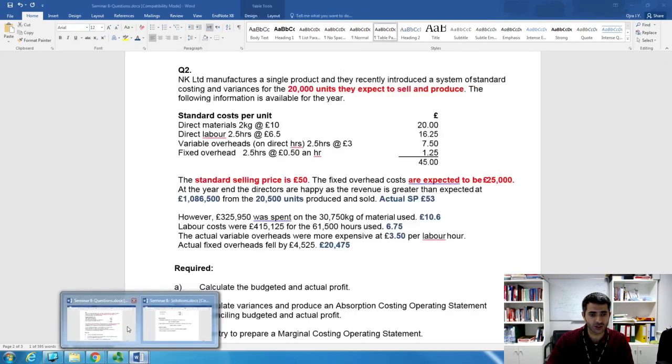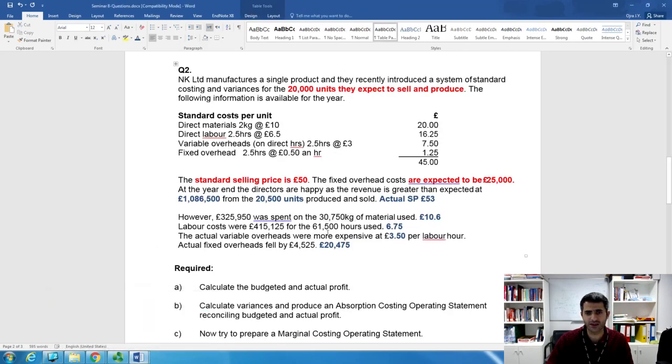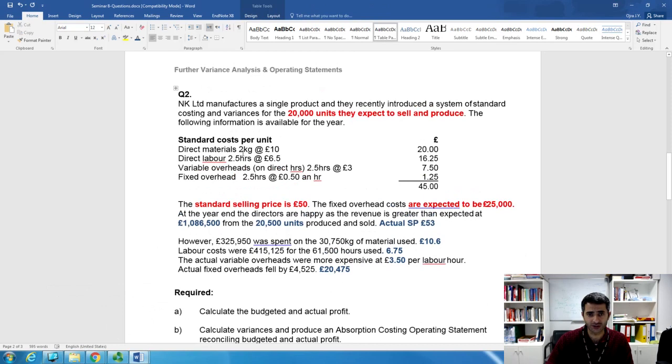So if you look at the question, you will see that the required material per unit is 2 kilogram, isn't it? And in order to calculate the standard quantity, you need to multiply this required 2 kilogram by the actual output, which is 2,500 units, the production units.